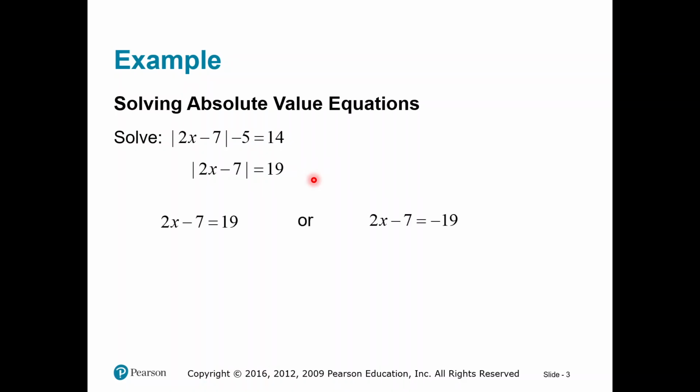Once you split, the absolute value sign is no longer there. So we have 2x minus 7 equal 19, and we have 2x minus 7 equal negative 19.